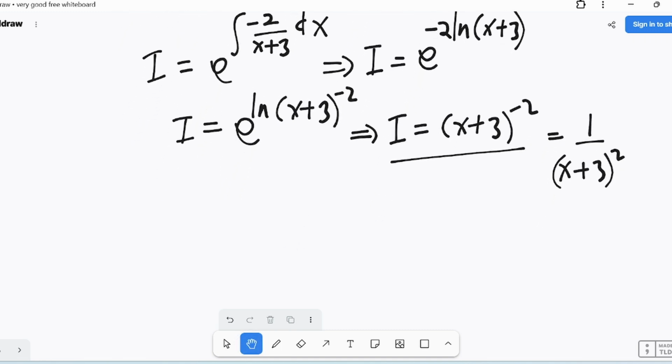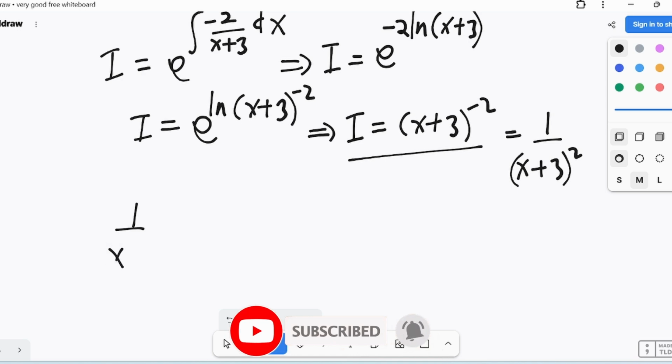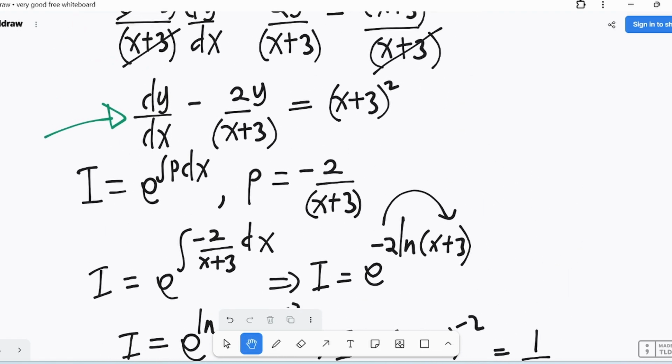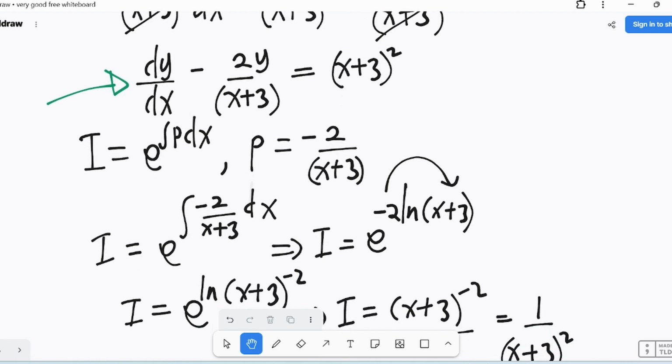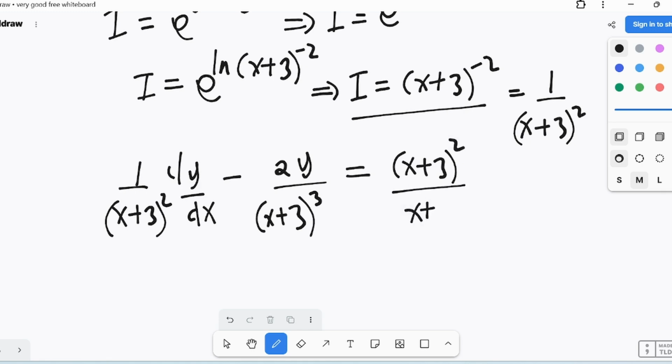So when we multiply it throughout, we shall have 1 out of (x + 3)^2 dy/dx minus 2y out of (x + 3)^3, which is equal to (x + 3)^2 over (x + 3)^2. So this will cancel with that.